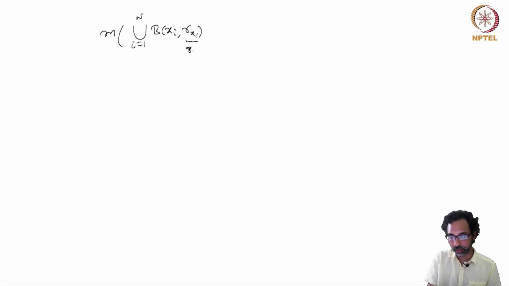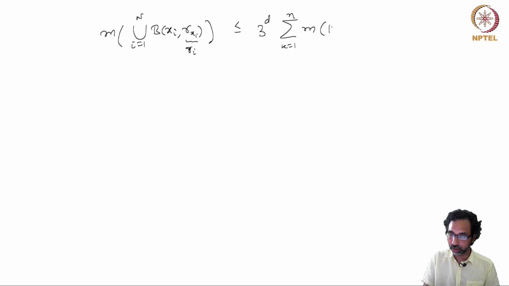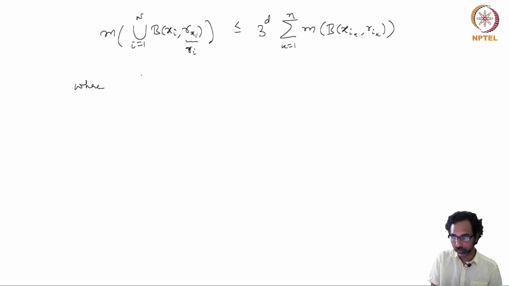Such that we have the measure of the union i equal to 1 to capital N of B(x_i, r_i), let me just write r_i for short, is less than or equal to 3 to the power d times the sum k equal to 1 to n of B(x_{i_k}, r_{i_k}), where this subcollection B prime is the collection B_{i_1}, B_{i_2}, up to B_{i_n}, so each B_{i_k} is B(x_{i_k}, r_{i_k}).